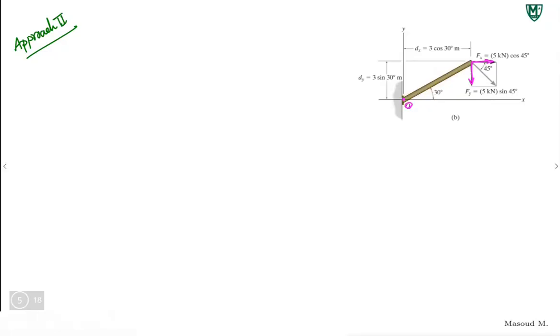Right? Now in this case, you have MO becomes M1 plus M2. Let's do better: Mx, My. I have to be a little cautious about notation.